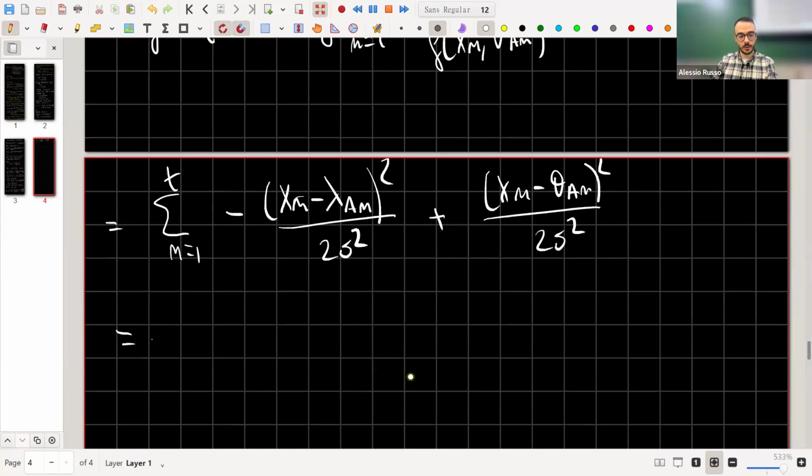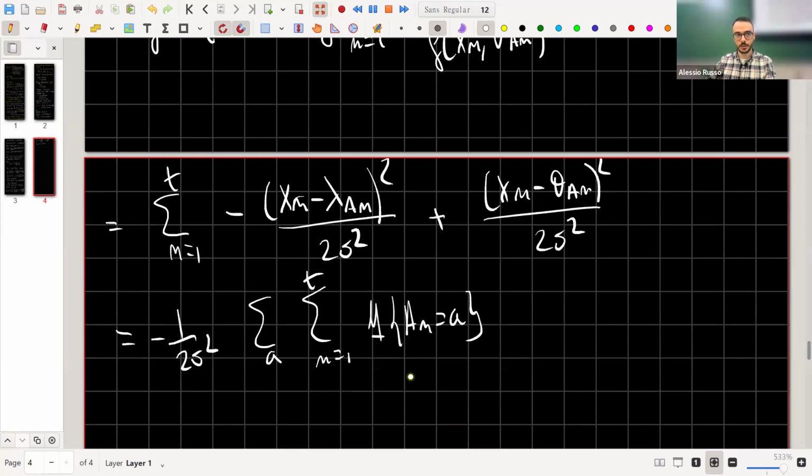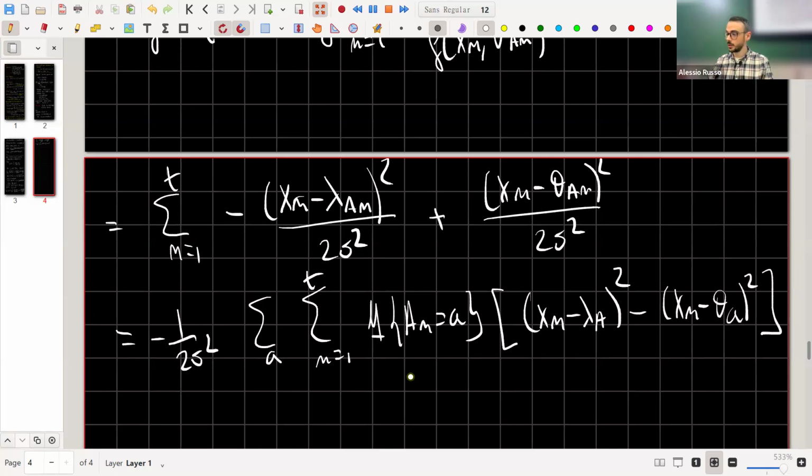This is also equal to minus 1 over 2 sigma squared, sum over actions, sum from 1 to t of the indicator function that we have selected arm A at round n times xn minus lambda a squared minus xn minus theta a squared.